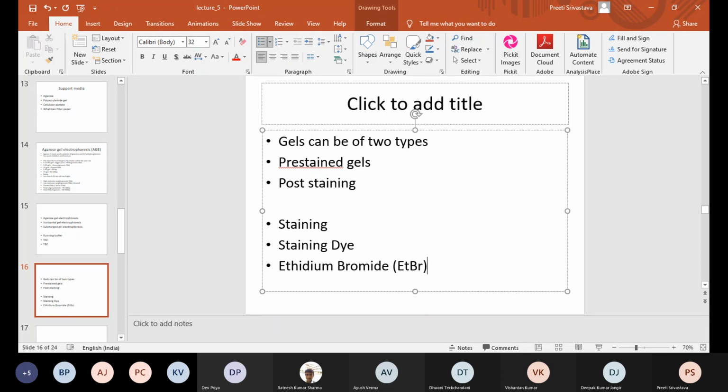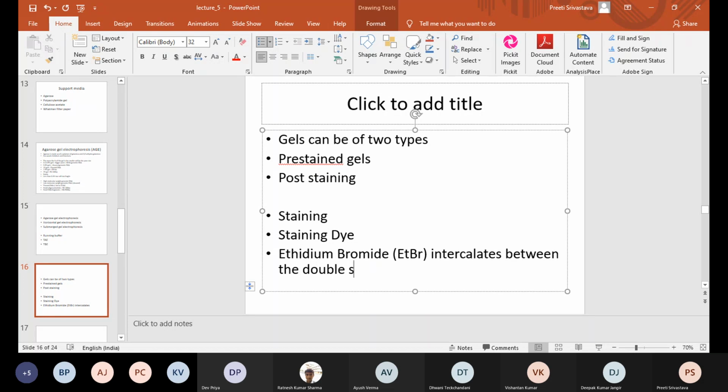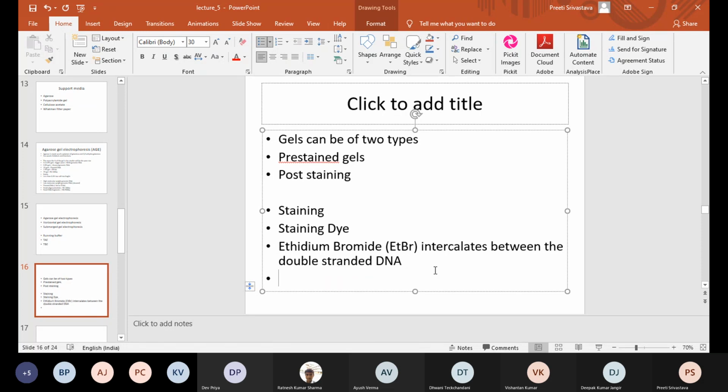Ethidium bromide is a dye which intercalates between the double-stranded DNA. When you incubate the DNA with this dye, you can observe it under UV light.